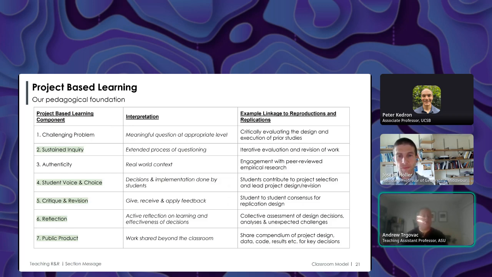In fact, the model that we're using right now has 7 of them. It goes from the challenging problem, sustained inquiry, authenticity, student voice and choice, critique and revision, reflection, and public product.